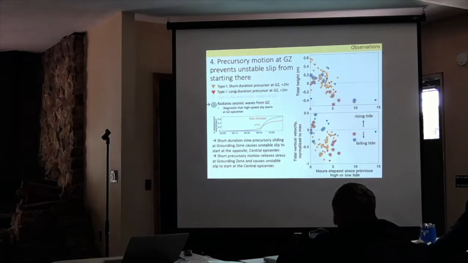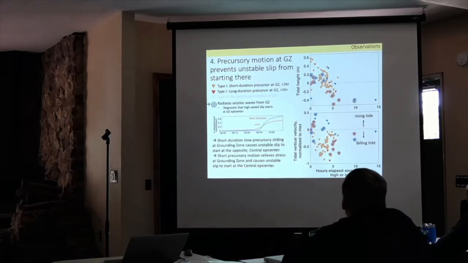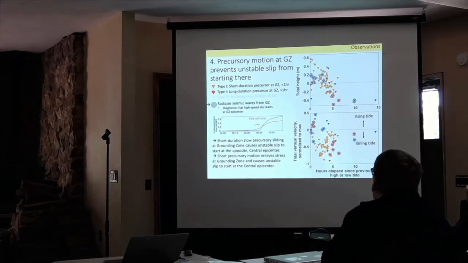So what that means is that in the presence of this short duration precursor at the grounding zone, there is no seismic wave radiation from that region, and that means that the unstable slip actually starts at the other epicenter. So the short duration precursor, not the long one, interestingly, but the short duration one actually relieves some amount of stress by the grounding line and sends the slip event to start at the other epicenter.